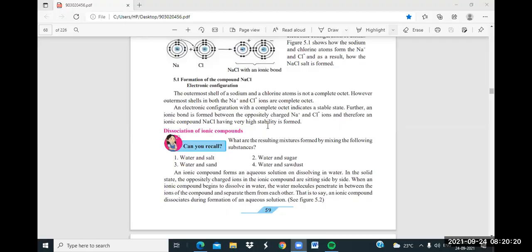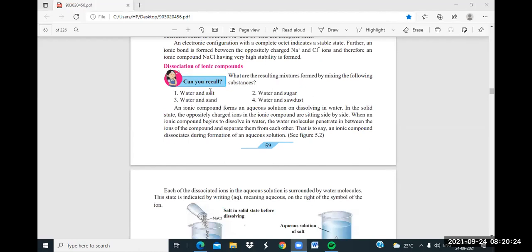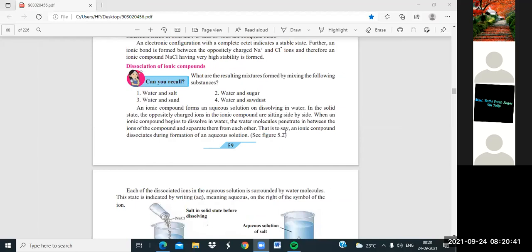Now, dissociation of ionic compounds. Suppose you see water and salt. When we add salt in water, what happens? That salt dissolves in the water, and we can't separate it because it becomes a totally homogeneous mixture. The positive and negative charges are separated from each other and mix with the water molecules.